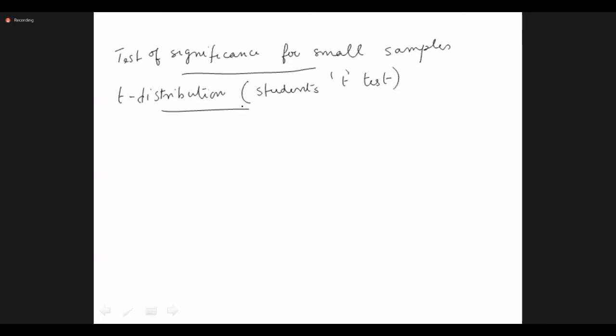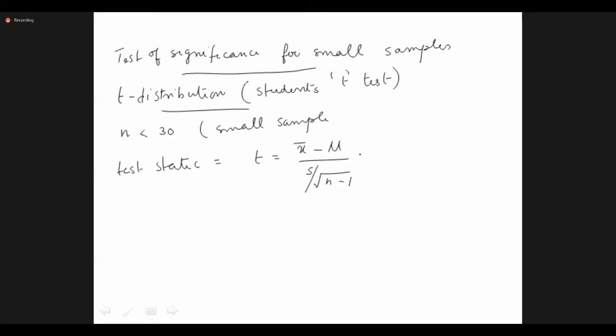Here the sample size n is less than 30, that is a small sample, and we are using this test statistic for the small sample: t is equal to x bar minus mu divided by s by root of n minus 1, with n minus 1 degrees of freedom.